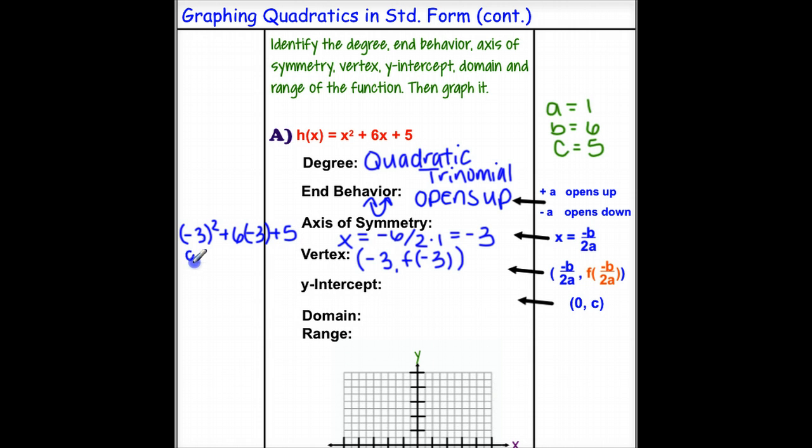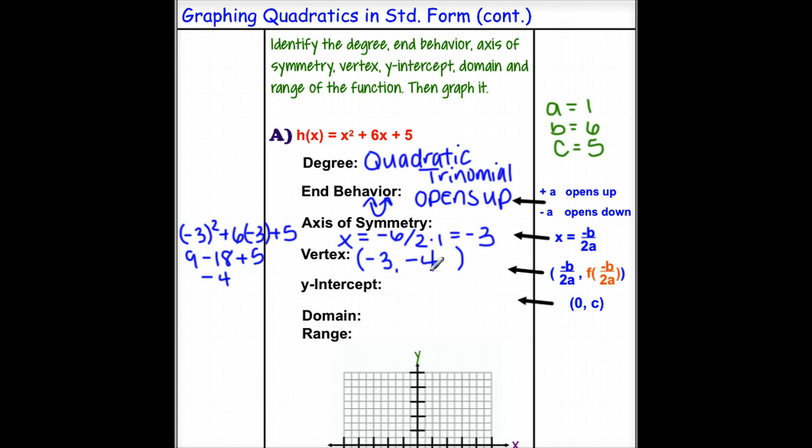Negative 3 squared is 9. 6 times negative 3 is negative 18, so we have minus 18 plus 5. 9 minus 18 is negative 9 plus 5 is negative 4. So our vertex will actually have an ordered pair of negative 3, negative 4.